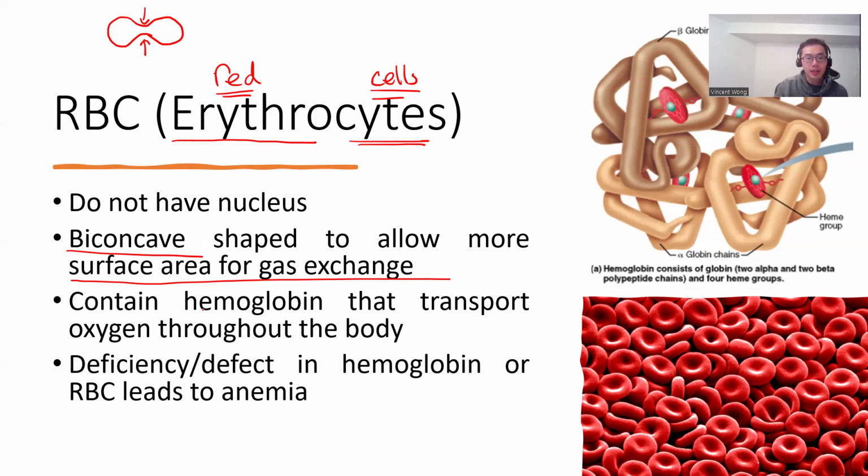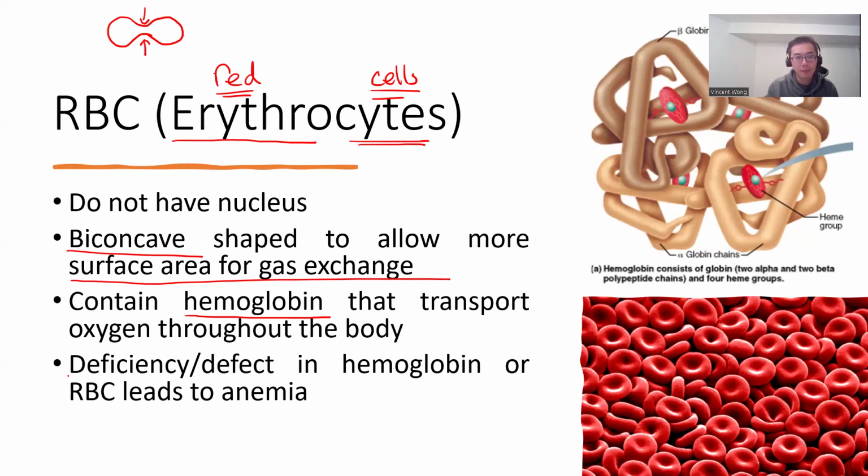Inside the red cells, there is a protein called hemoglobin. Hemoglobin has 4 polypeptides in it, so it has a quaternary structure. Again, that's something we learned last semester. And that is the oxygen carrying molecule in RBC.